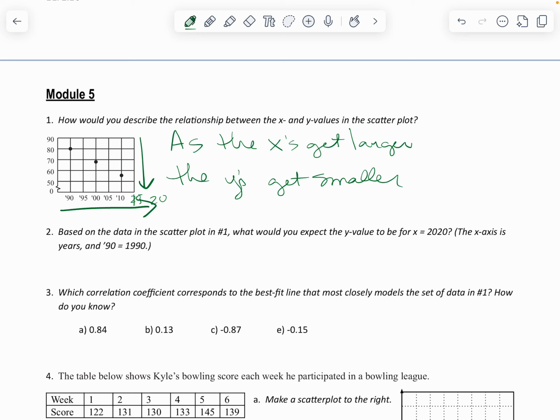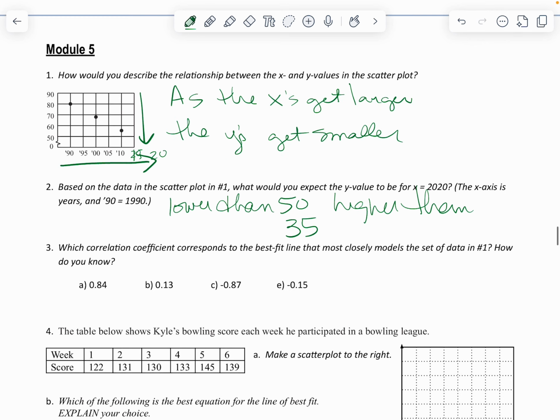Right? So about here, I would say lower than 50, higher than 35.